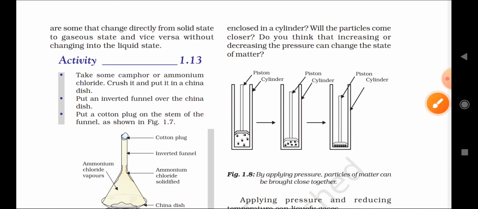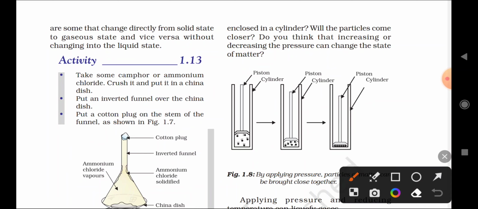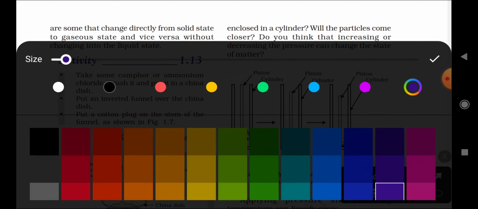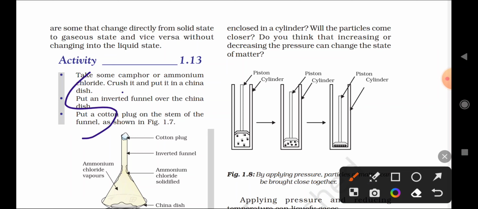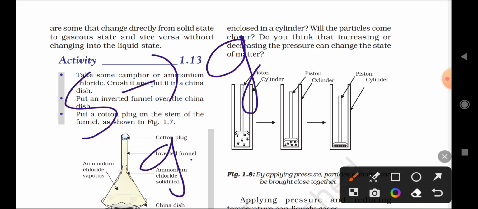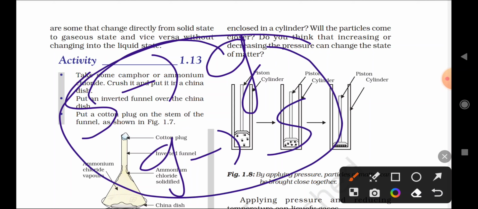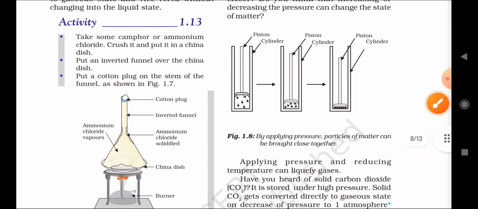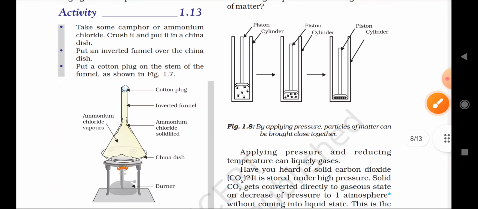Sometimes states of matter change directly from solid to gaseous state, or gaseous to solid state, without entering a liquid state. This process is called sublimation. To understand it, we have some activities.